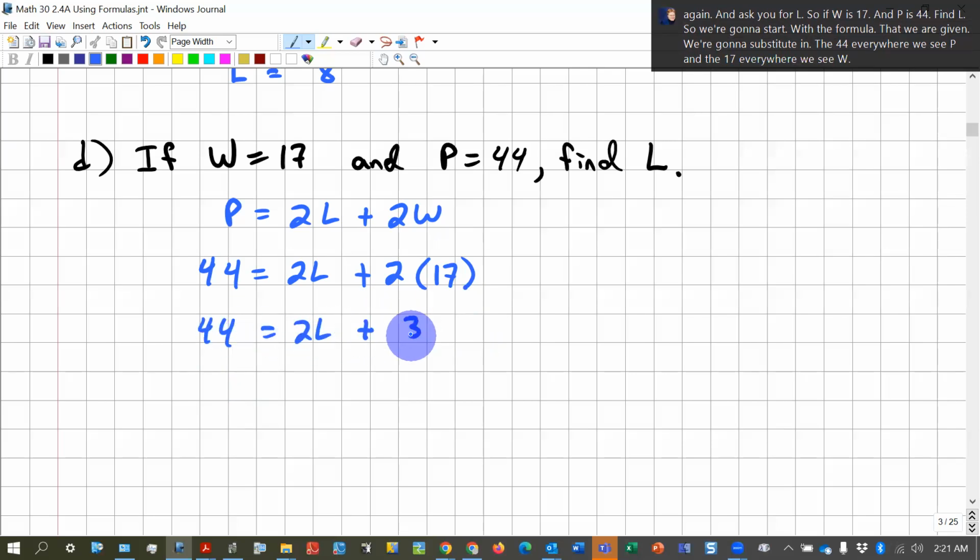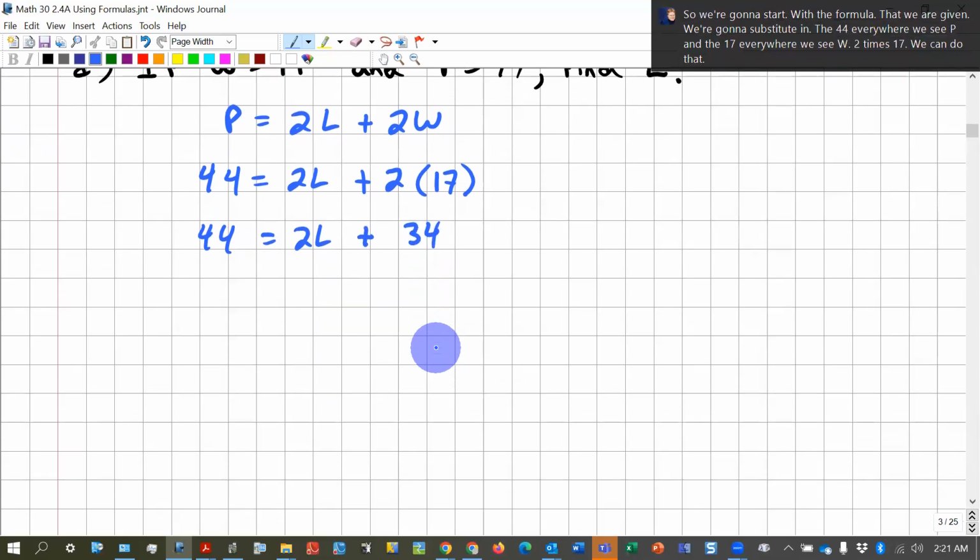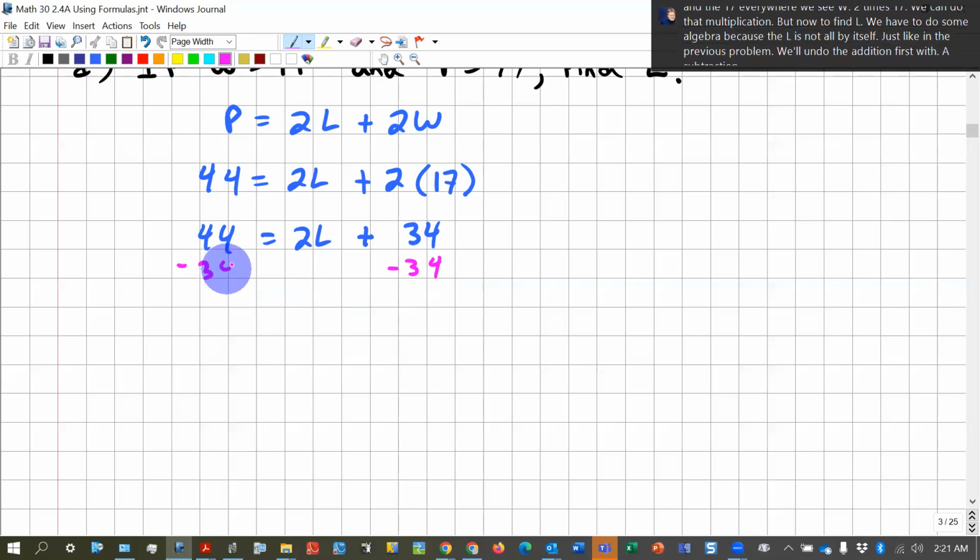2 times 17, we can do that multiplication. But now to find L, we have to do some algebra because the L is not all by itself. Just like in the previous problem, we'll undo the addition first with a subtraction.